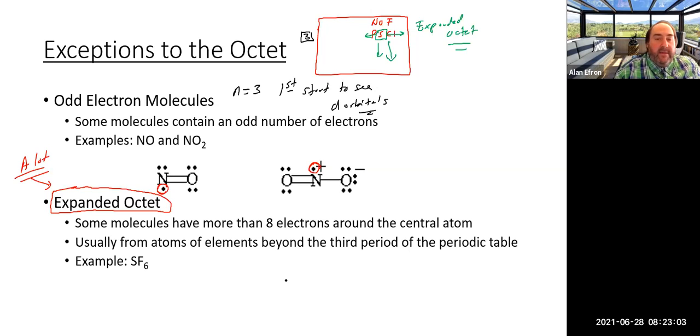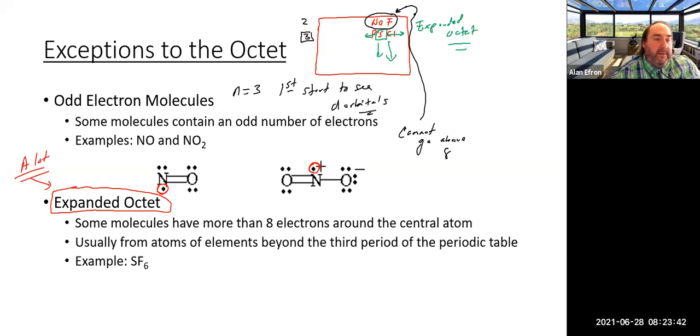That also means that if you look at somebody in the period above it, in the 2nd period, those guys cannot go above 8. That is because on the 2nd energy level, they do not have the d orbitals available to them. So nitrogen, oxygen, carbon, those guys have to obey the octet rule no matter what the situation is.